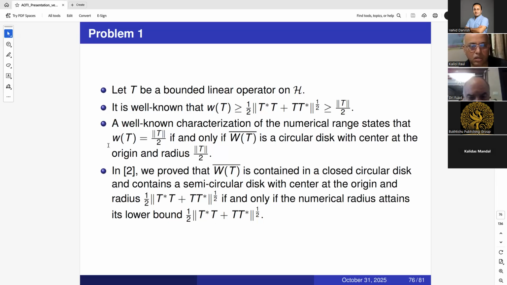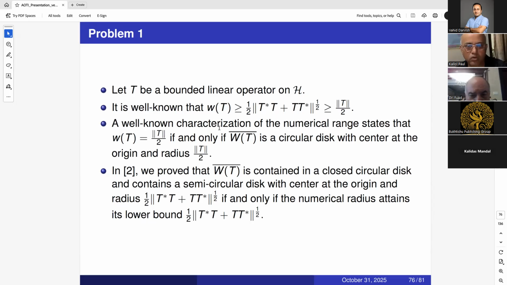So look at this inequality: w(T) is greater than or equal to half of the norm of T star T plus T T star to the power half, greater than or equal to norm of T by 2. Whenever w(T) is equal to norm of T by 2, then this characterization is already there.